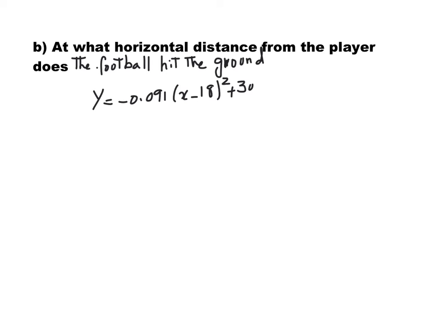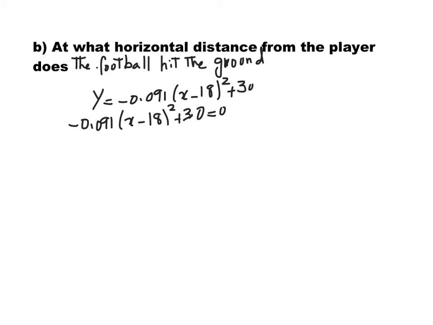The next part of the question says, at what horizontal distance from the player does the football hit the ground? When the ball hits the ground, the y value is 0, so I have to solve the problem. Negative 0.091 times (x minus 18) squared plus 30 equal to 0.